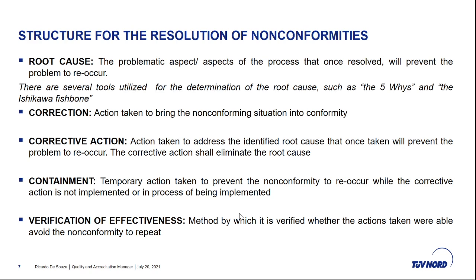Corrective action is taken to address the identified root cause and, once taken, will prevent the problem from reoccurring. The corrective action shall eliminate the root cause. So with correction, you bring that specific problem into conformity, and the corrective action is going to address the root cause. If the corrective action is good, that problem should not happen again.